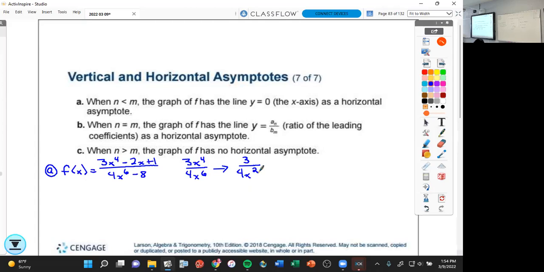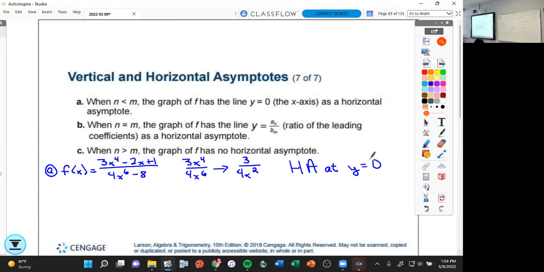Imagine that. So if the power of the denominator is larger than the power of the numerator, like in this case, this one will have a horizontal asymptote at y equals 0. And that's what part A is telling us.